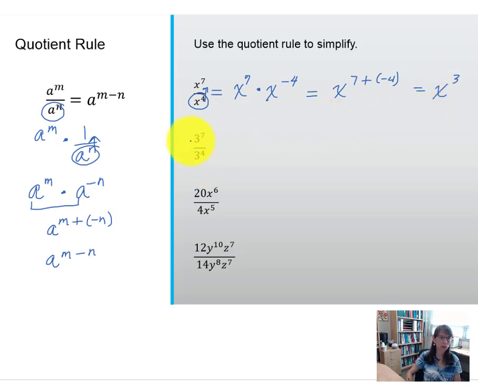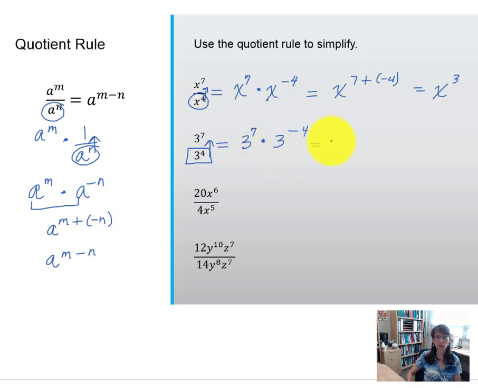In the next example, our bases are numbers, but the rule still applies. We're keeping 3 to the 7th, and we'll multiply it by shifting 3 to the 4th into the numerator. So the base of 3 remains, but positive 4 when it's shifted, becomes -4.